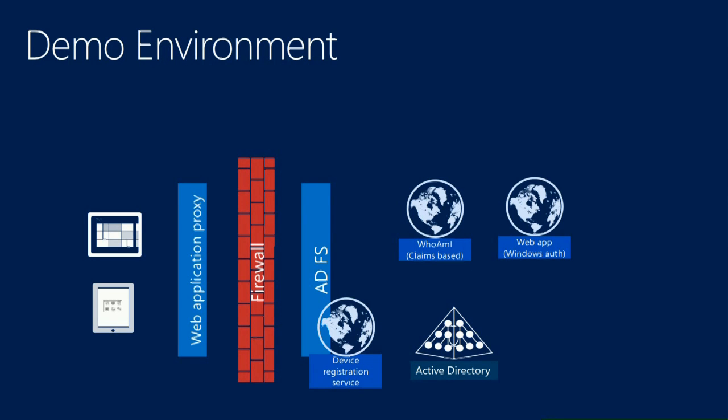Now, a key part is that in this release, we focused a lot on the device story, and use a device registration service that drives being able to provision certificates onto Windows 8.1 devices or iOS devices. So that's something that we have, and we've put that functionality into Active Directory Federation Services. A key aspect of that is that we do not require you to move your domain controllers up for this support.